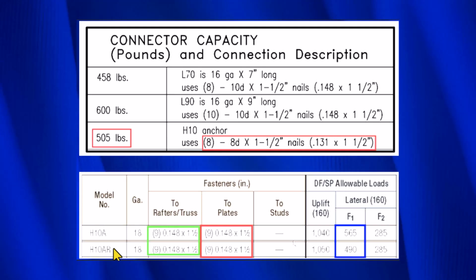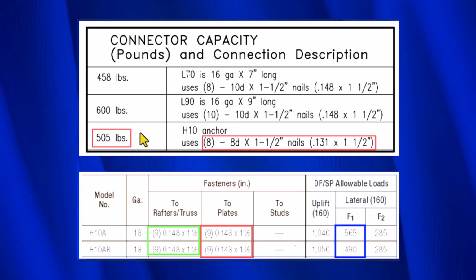So this is a different value from 505 pounds, which is the capacity of the H10 anchor. And if you look at the actual values, it's 565 for the H10A and 490 for the H10AR. So these values are off. The table is based on 505, and the actual values are 565 and 490, depending on what type of lumber you're attaching this to.